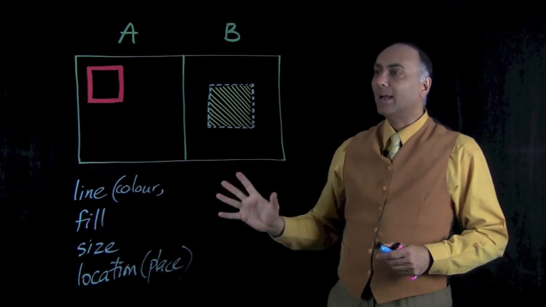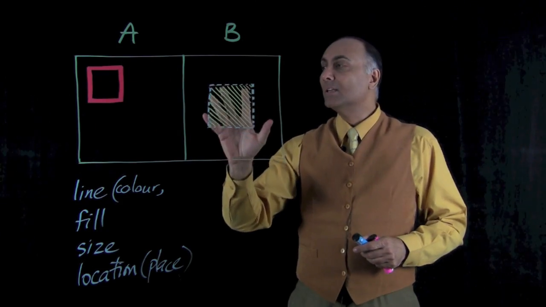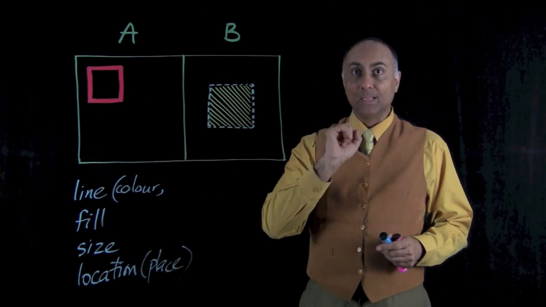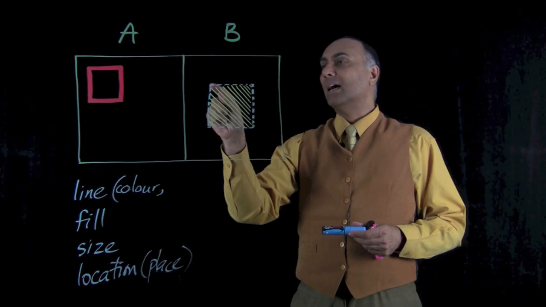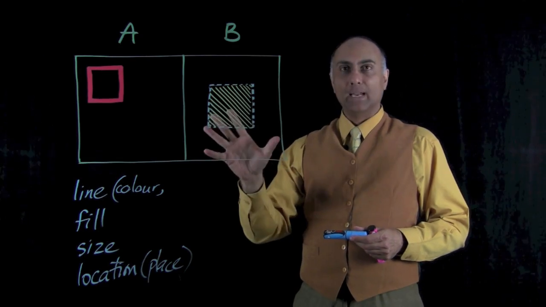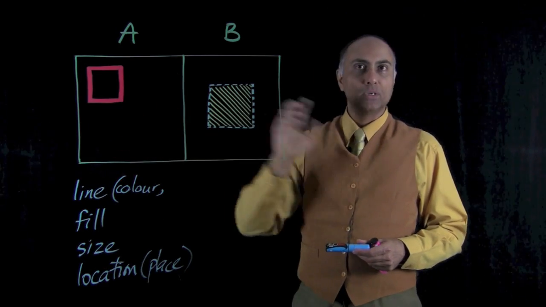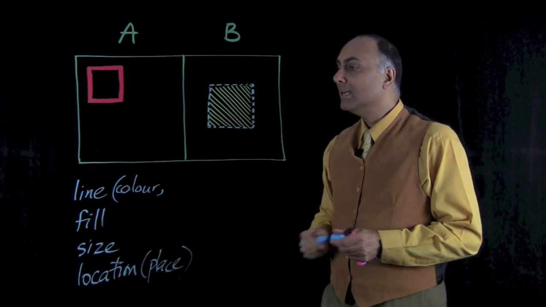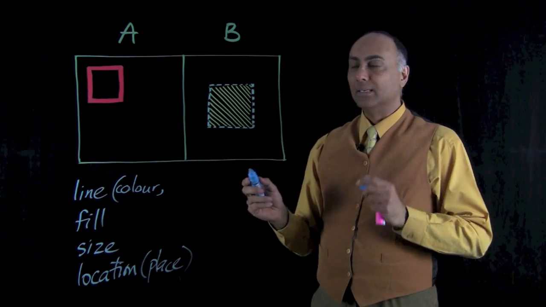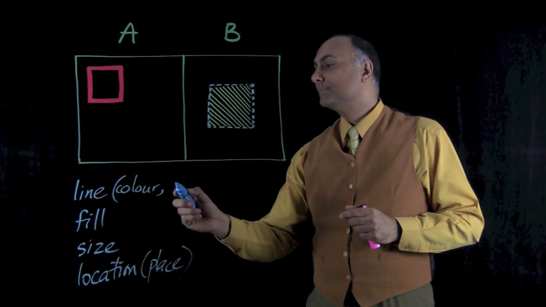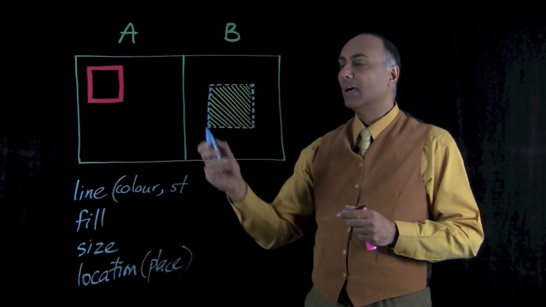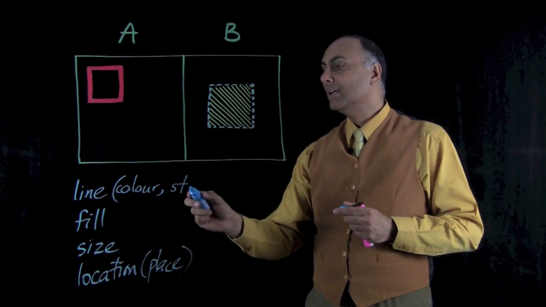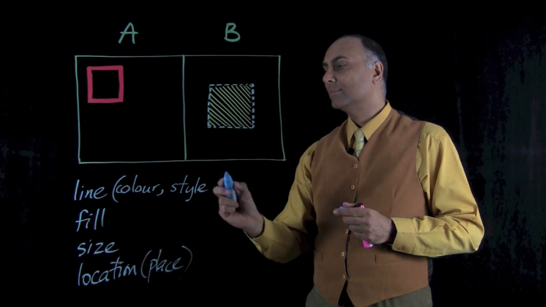Now let's go back to line, because the line differences were more than just the color of the line. So I'm sure you've noticed that this line is a dashed line, whereas this is an unbroken or continuous line. So we call that line style. So whether it's a dashed line, a dotted line, a wavy line, a zigzag line, we call that line style.